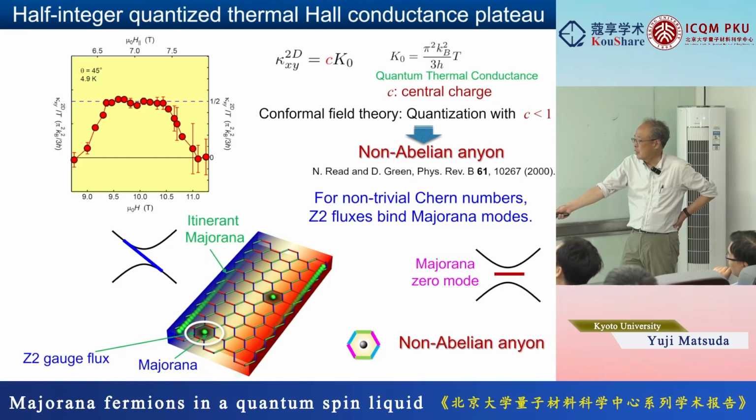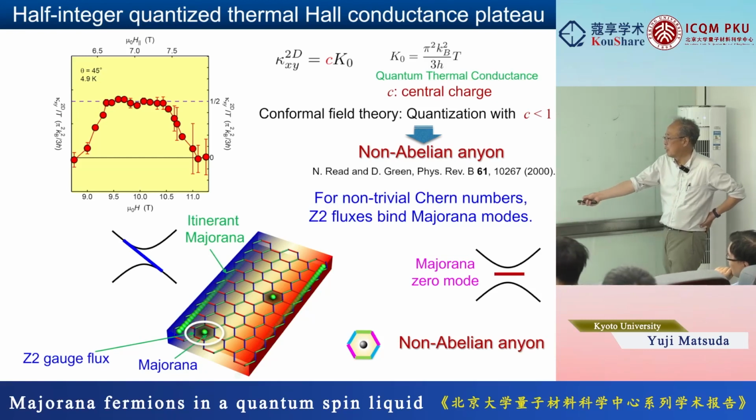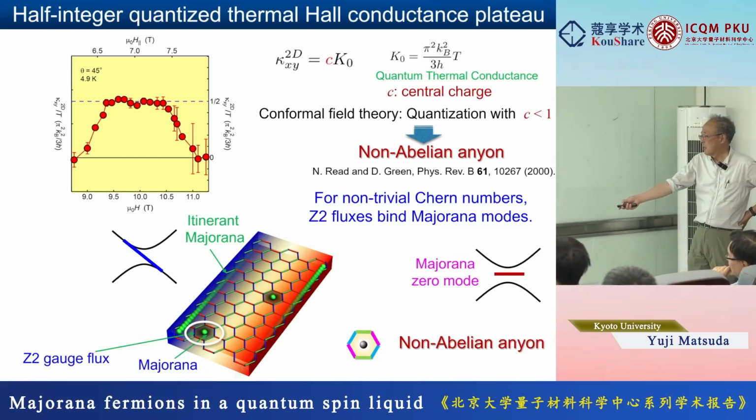The Majorana fermion is captured by the Z2 gauge flux as a Majorana zero mode pair. So this composite particle is a non-abelian anyon. The half-quantized thermal Hall conductance is direct evidence of this non-abelian anyon.